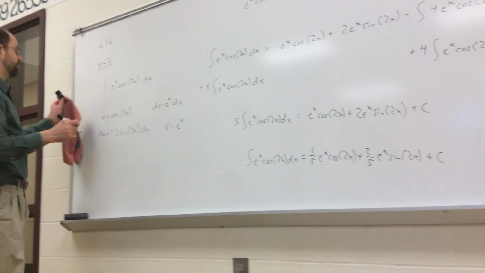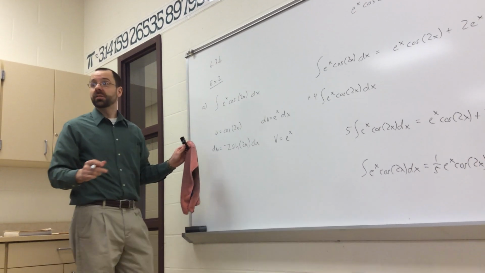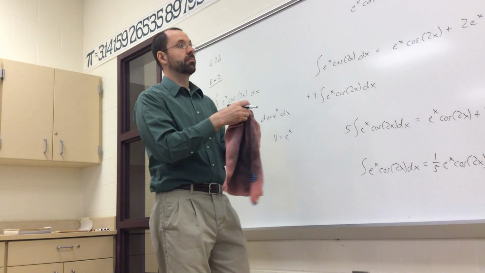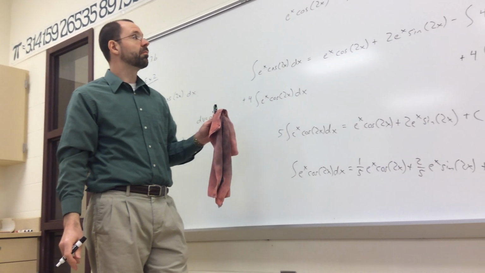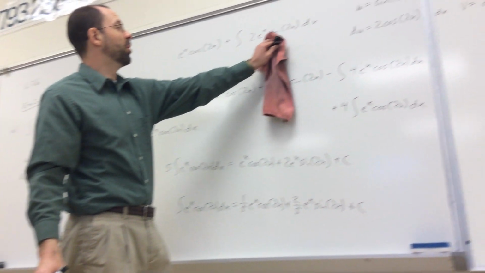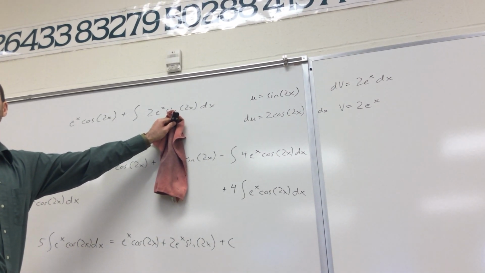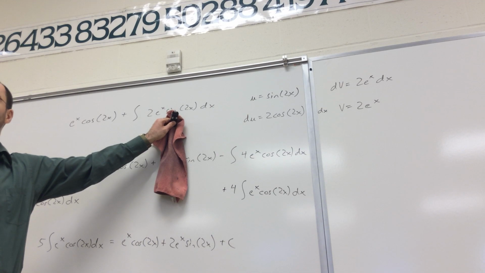Okay, so let's say that was part A. Yes, because it was a trig function, at the first step when it didn't really work out, I knew that if I went one more time, this sine would turn into a cosine. And then I'd be back to cosines, which was my original.